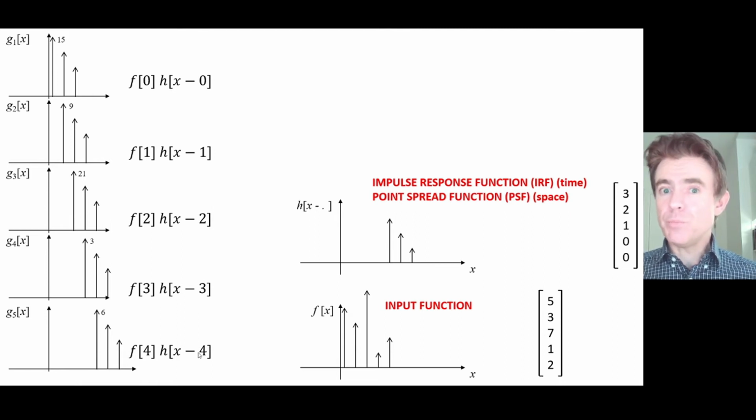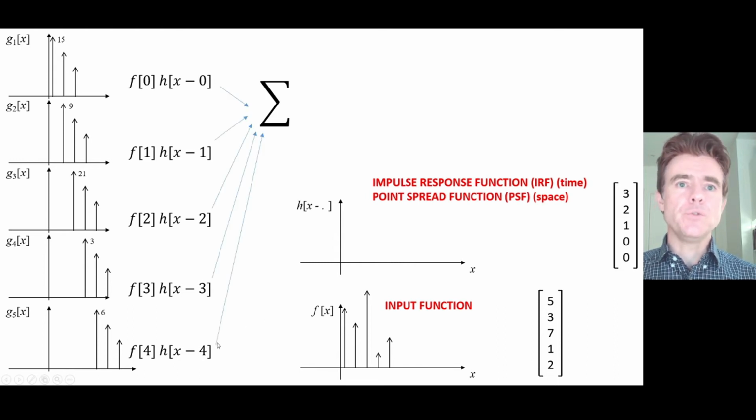And then all we do, because this is a linear system, and we'll get into linear systems later on more explicitly, but because it's a linear system, all we have to do is add up all those individual responses to all of the individual delta functions. So I've got this big capital sigma for summation.